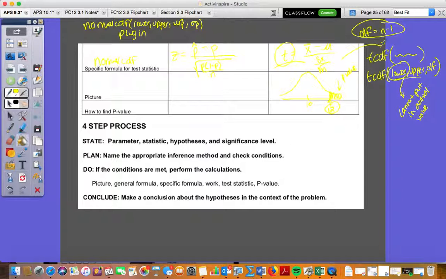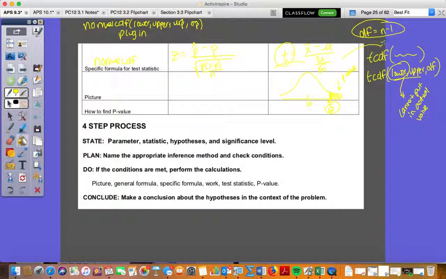In this example, if we're talking about mean, and 12 was my test statistic, I can't say my lower is 12 and my upper is 9999. I would actually have to find the t-score by using the above formula, then say that's the lower and the upper would be 9999.